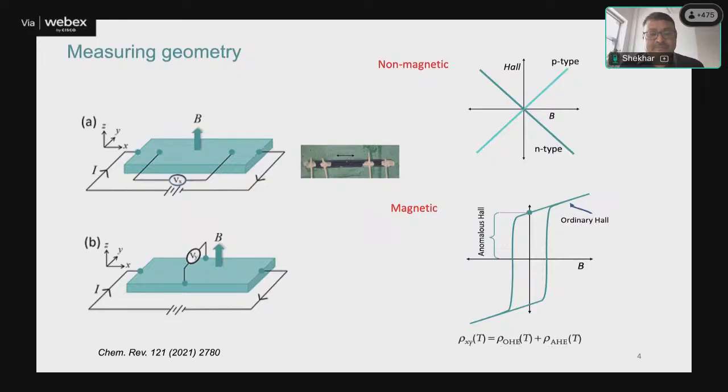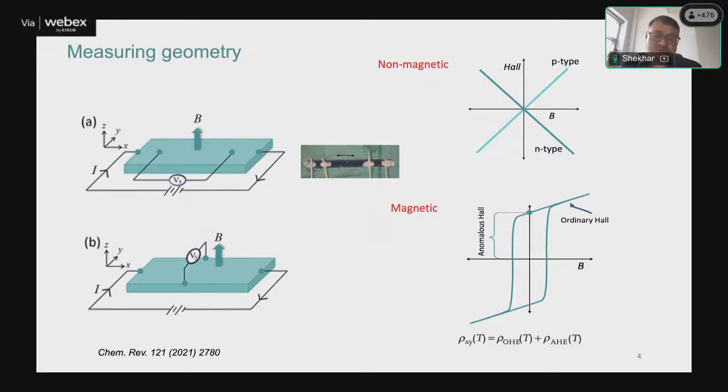Once we have a magnetic sample like a ferromagnetic sample, that measurement is called anomalous Hall measurement. The geometry is the same. Why do we measure with four probes? To nullify the contact resistance, because we always measure the difference between the voltage probes. In a two probe resistance measurement, we include the contact resistance, so we can't measure the actual resistance of the sample.